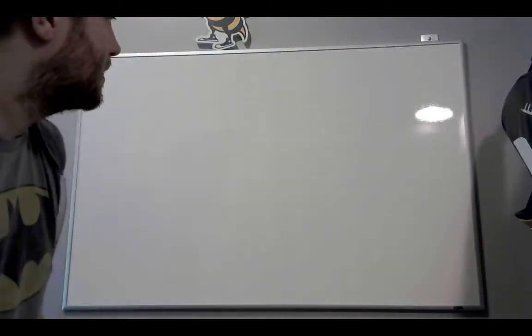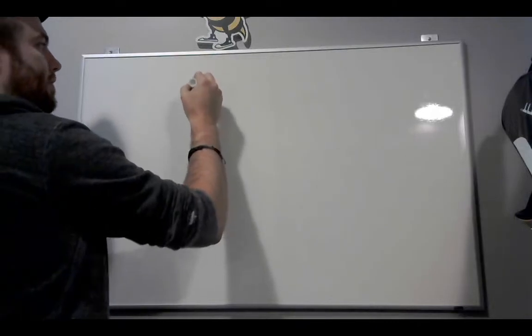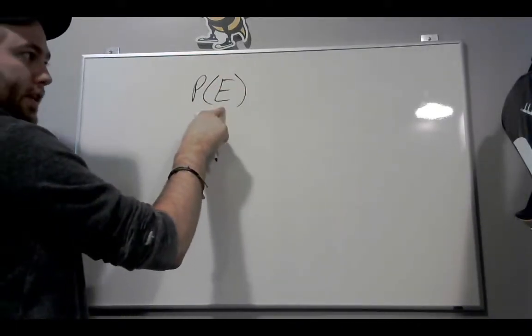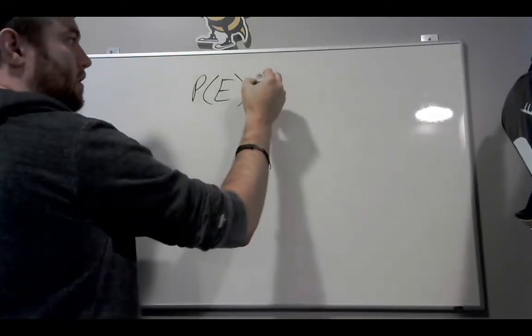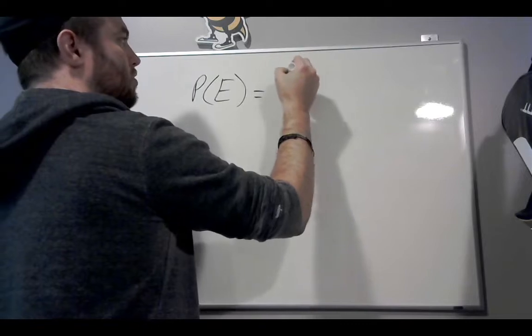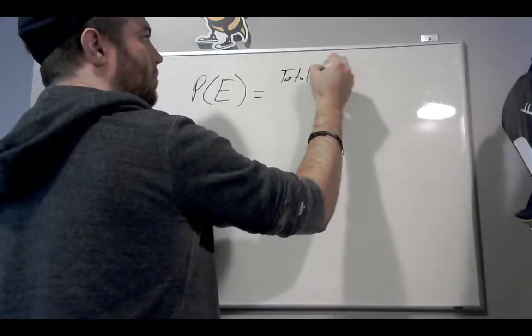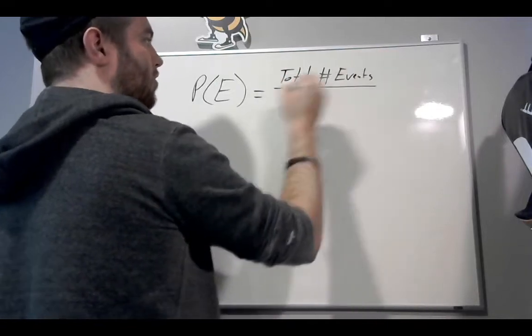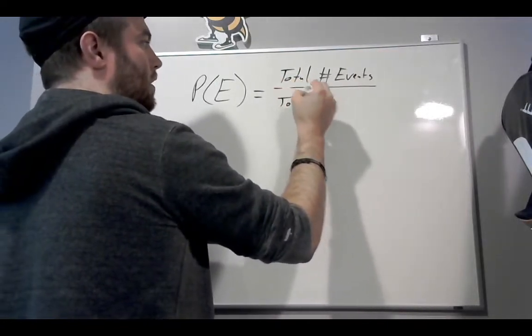So your probability of an event happening is going to be equal to that total number of events over the total sample space.